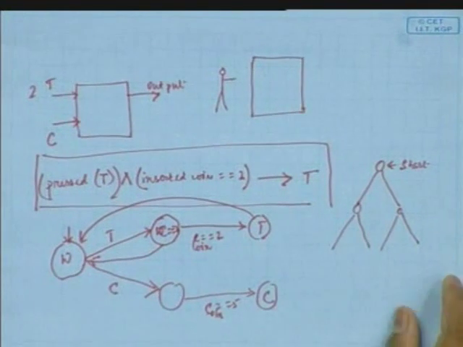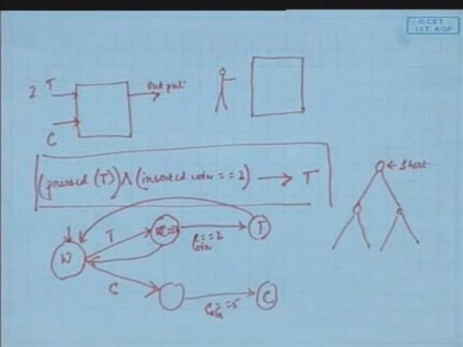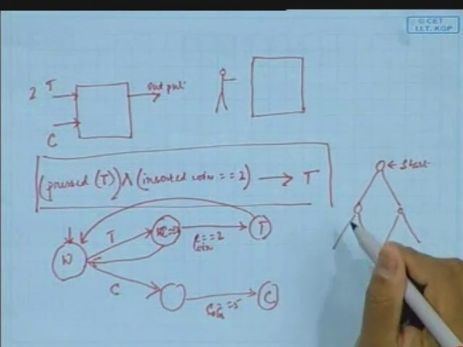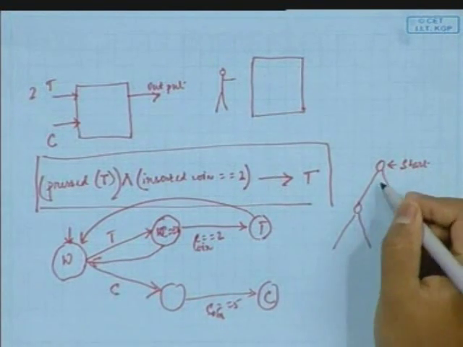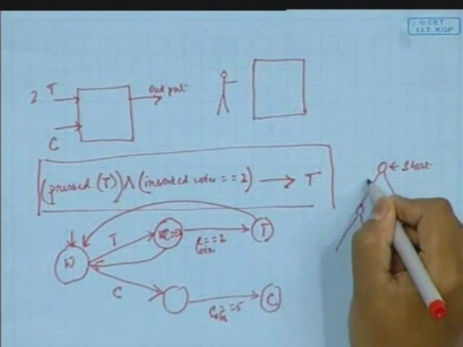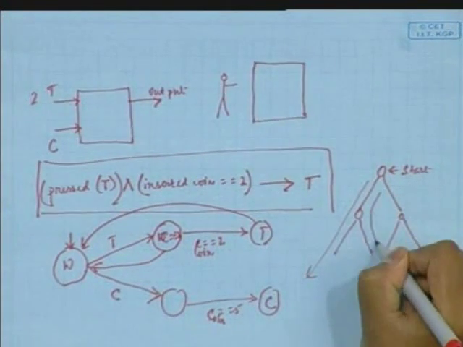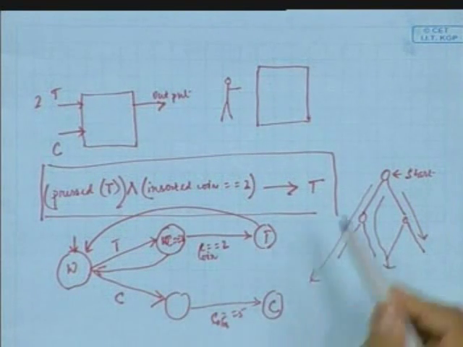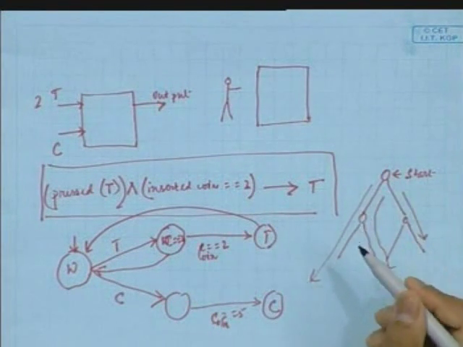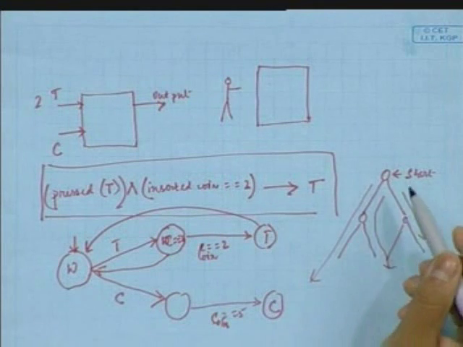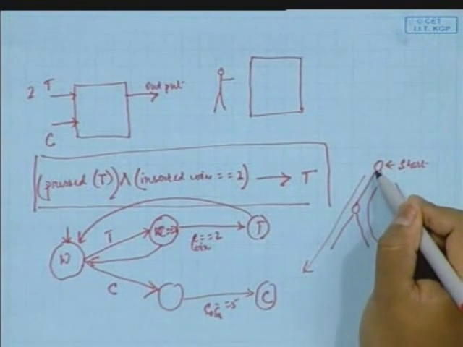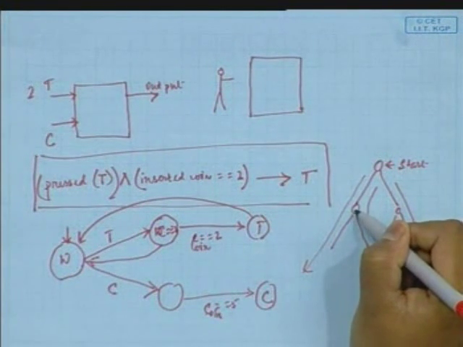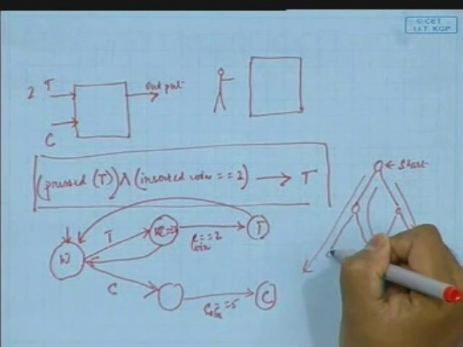Now, what we mean by verifying properties over this is that we try to verify the properties over these runs. Suppose the user wants a toffee, so he presses the toffee button, he comes here, then he inserts a 2 rupee coin, it comes here.